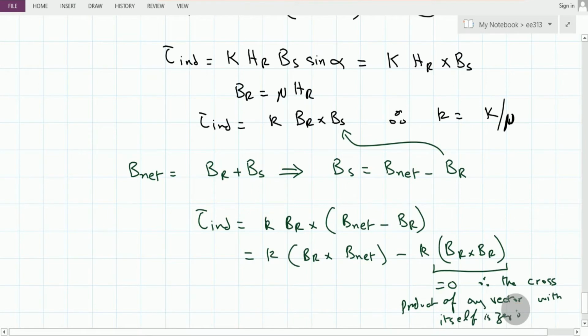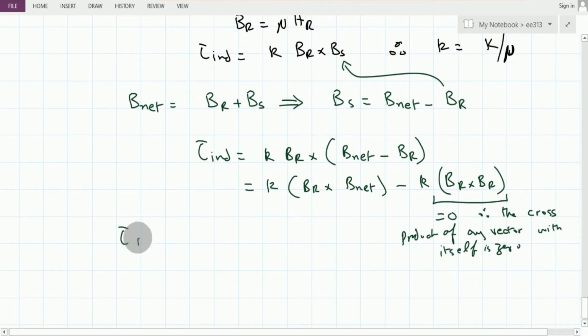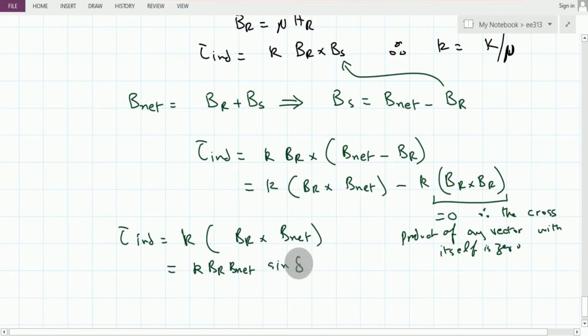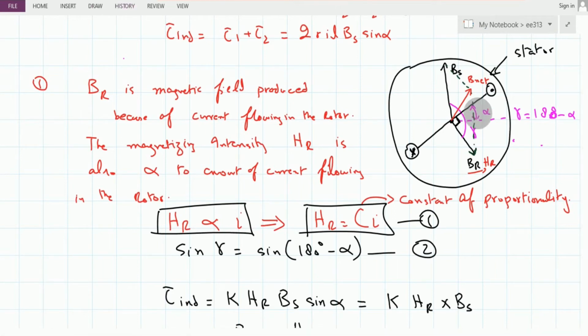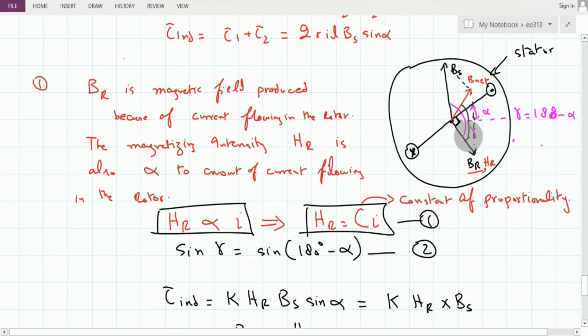So with this term gone from the equation, this torque induced is equal to K into Br into B net, or we can say that it is equal to K Br B net sine delta, where delta is the angle between the Br and this B net, and therefore we can say that this particular angle is known as delta.